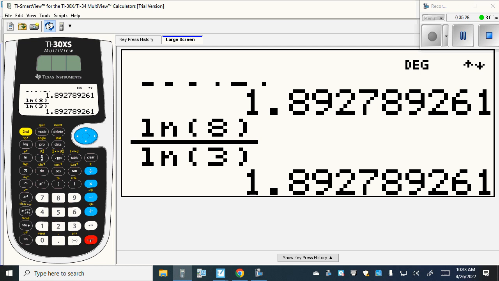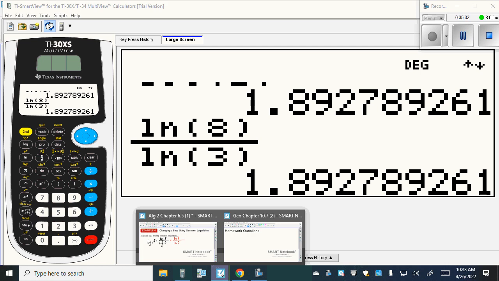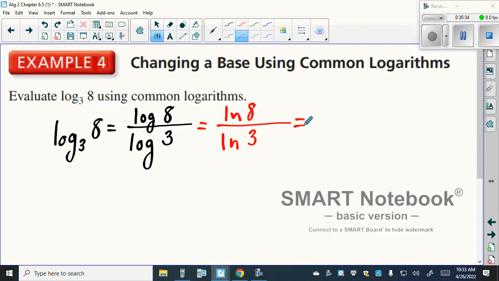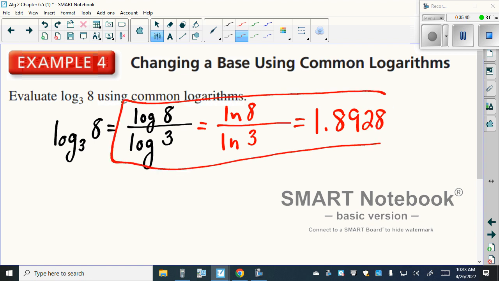We'll go four decimal places over, so 1.8928, and that's our answer. Really, this whole thing is our answer, but we get this here. Questions on change of base?